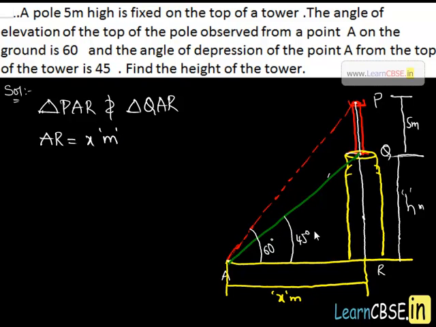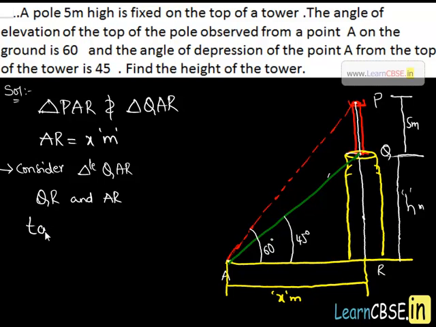By considering these two triangles, we can find the height of the tower. Consider triangle QAR. It is because we have to find out the height of the tower. We have perpendicular, that is QR, and base AR. So which trigonometric ratio will we use?